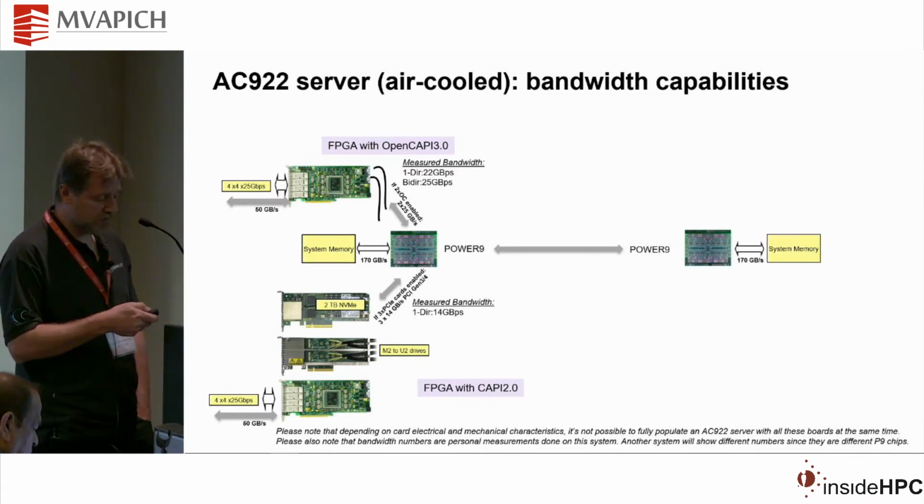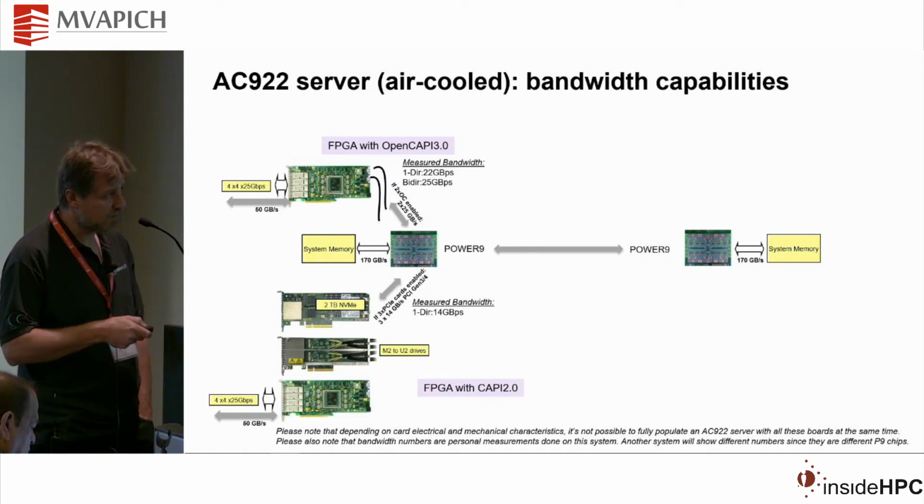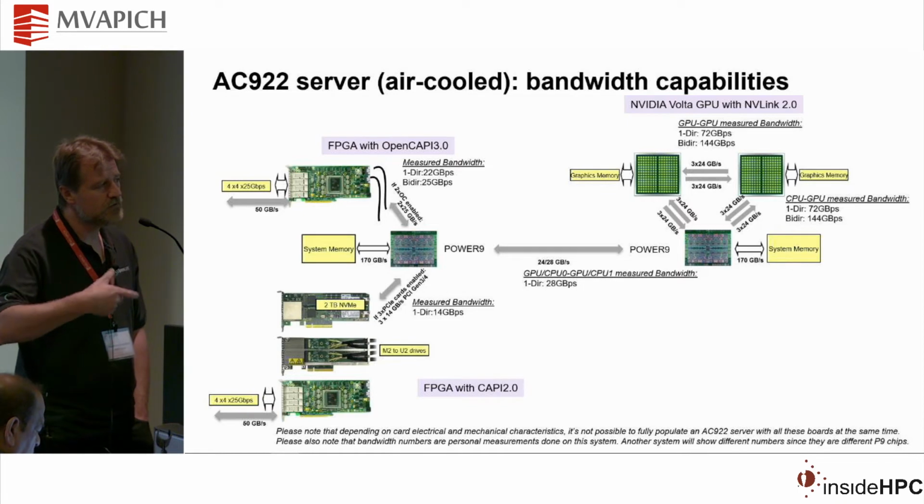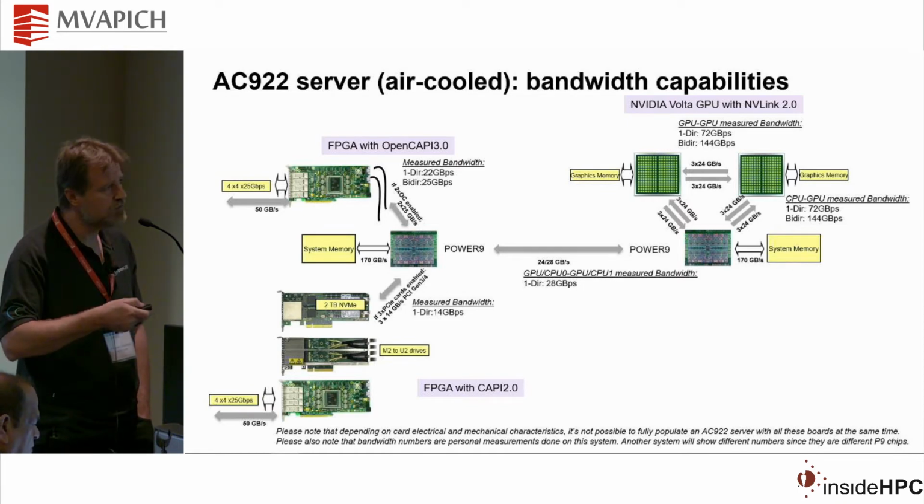So in the AC922 machine, we have 2 Power 9 processors. The first one can be hooked up to a CAPI 3 25 gigabyte link connection, and the second one can be hooked up to 2 GPUs in the air-cooled version, as I said, and we have put for you all the main bandwidth capability to let you consider how fast data can move from here to here, back and forth, or from here to here, back and forth.